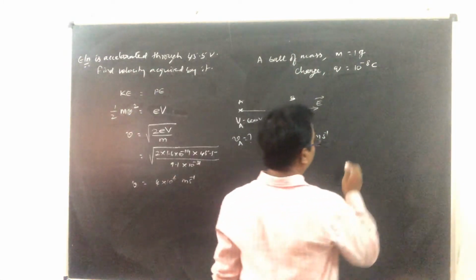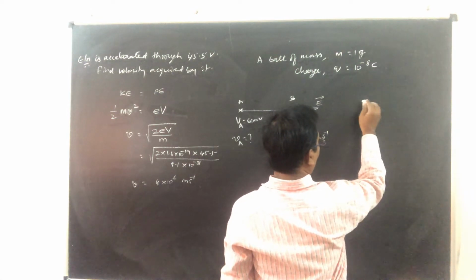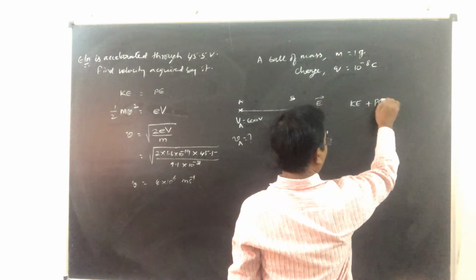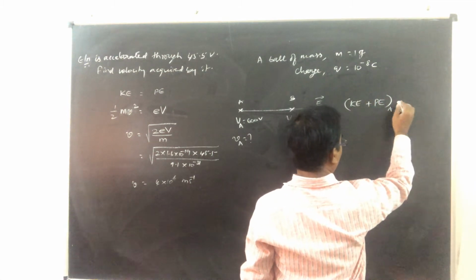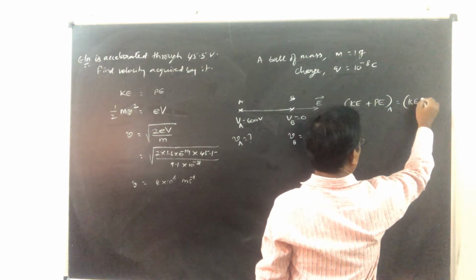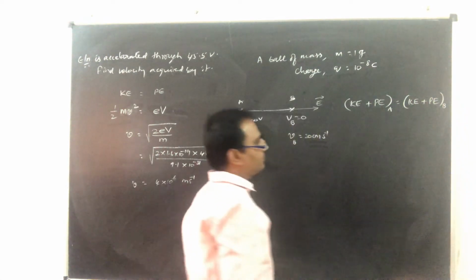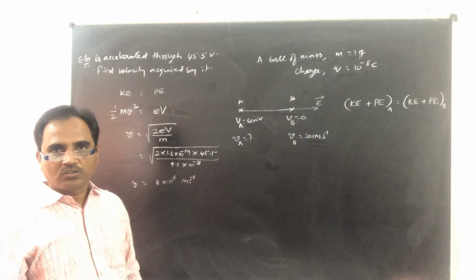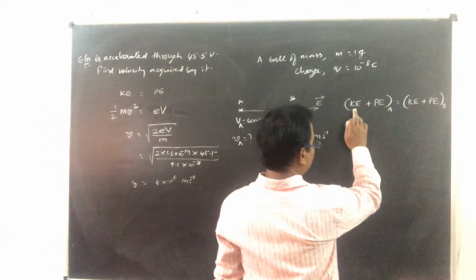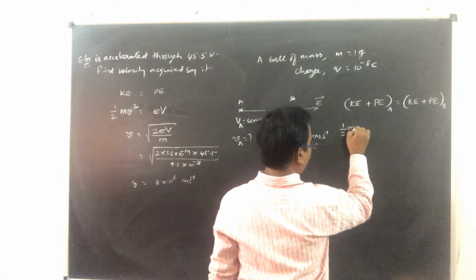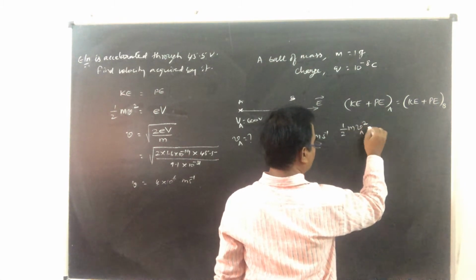That means the kinetic energy plus potential energy at A should become equal to kinetic energy plus potential energy at B. What is this kinetic energy? It is half m VA square.